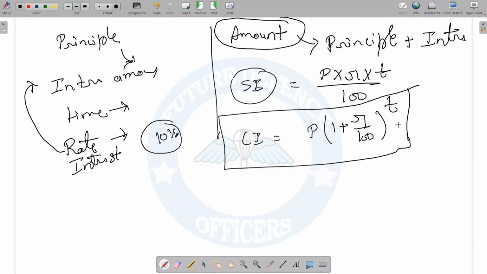Remember these two formulas, but we will never use them. Sometimes we will use this formula, but this we will never use. This is a little lengthy and its calculation is a little tough sometimes. So we will be using only this formula. I will tell you some shortcuts.